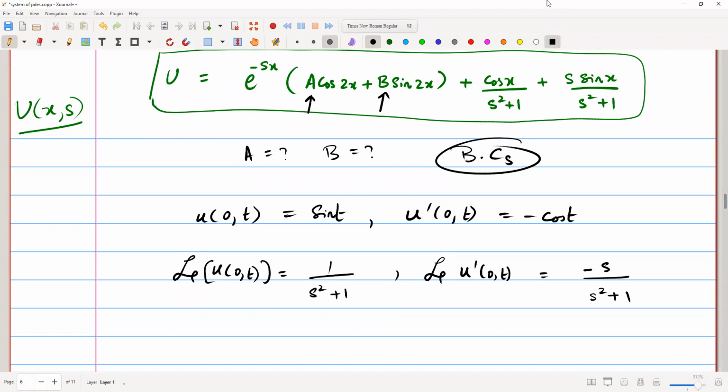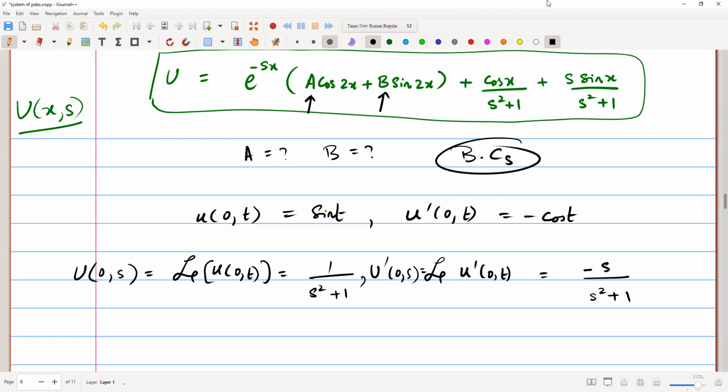So it's u of 0 comma s, and this is u prime of 0 comma s. Now apply here the first condition.